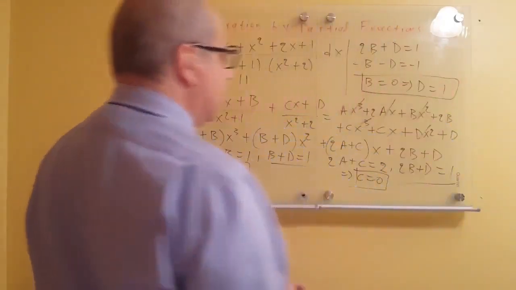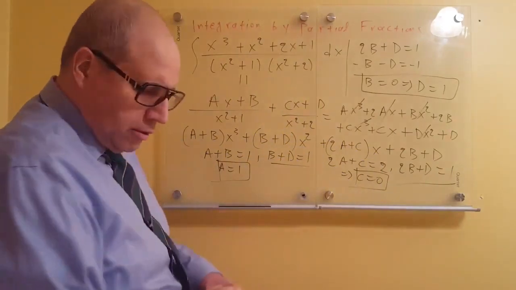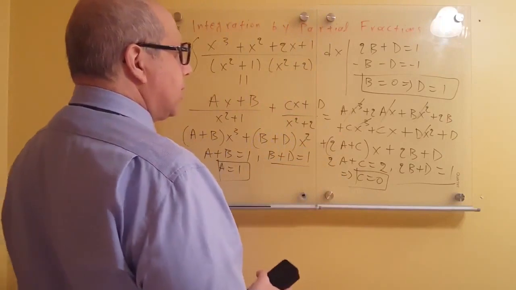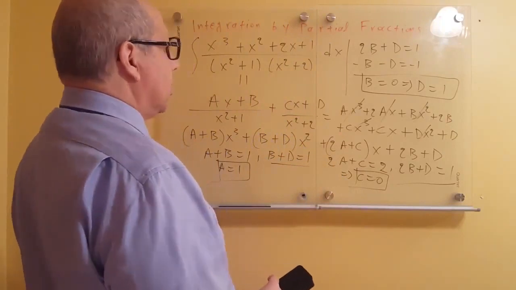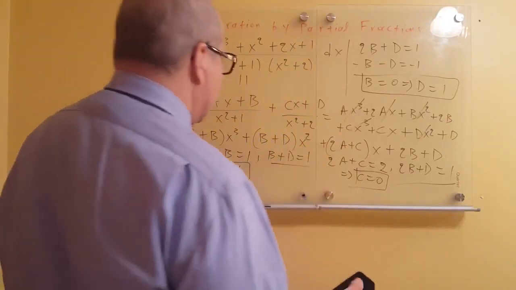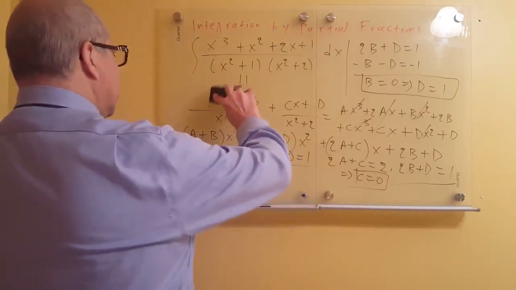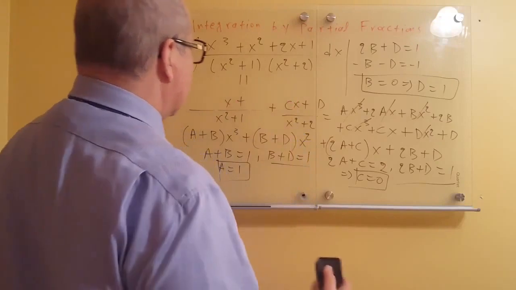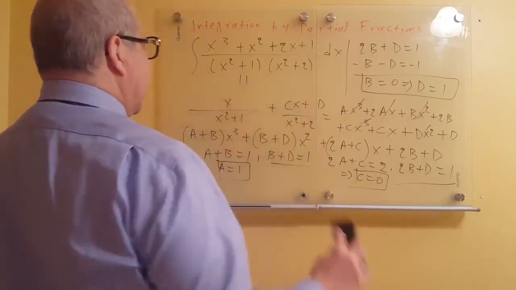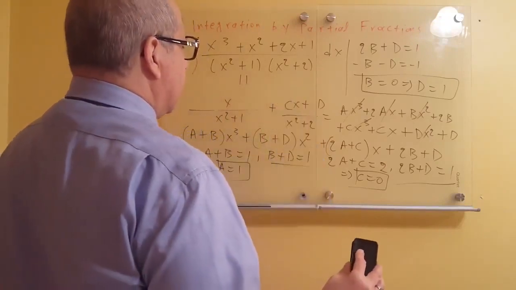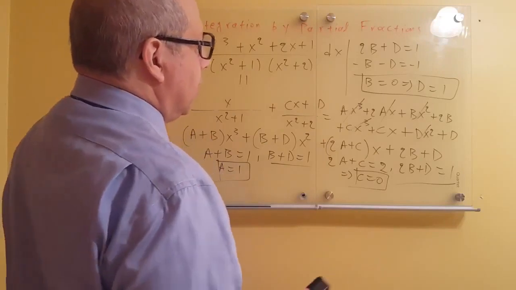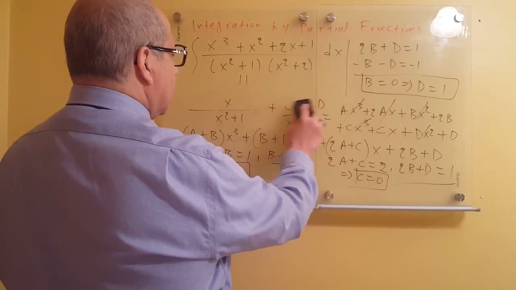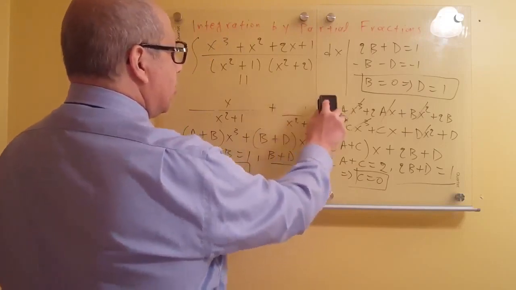b is 0, d is 1. So that means that we can go here and replace a, b, c, d. We said a is equal to 1, b is equal to 0, so we can take it off. And c is equal to 0, so we take all this off, and d is equal to 1.